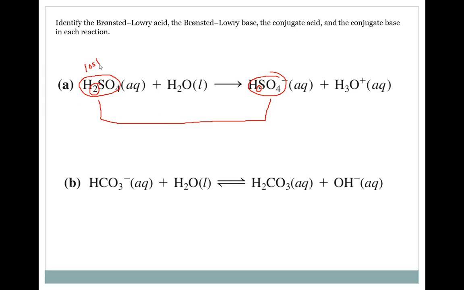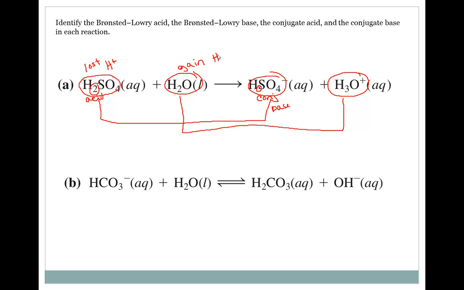So this is going to be the acid, making this one over here the conjugate base. H2O is going to H3O. Going to pair those up. It gained a hydrogen in this process. Therefore, that would make this the base. And this would be the conjugate acid.